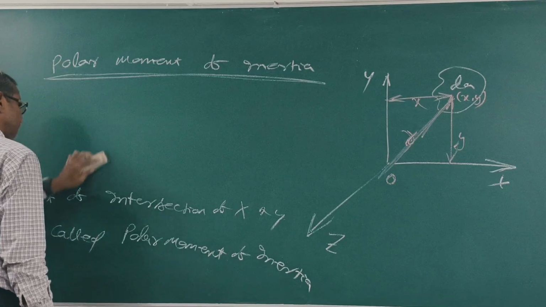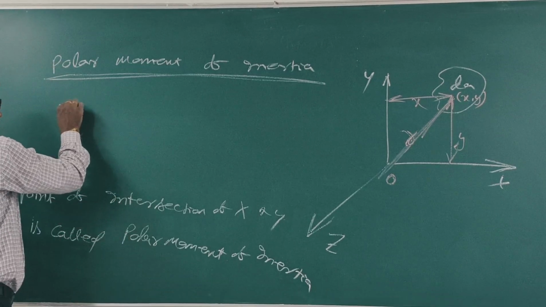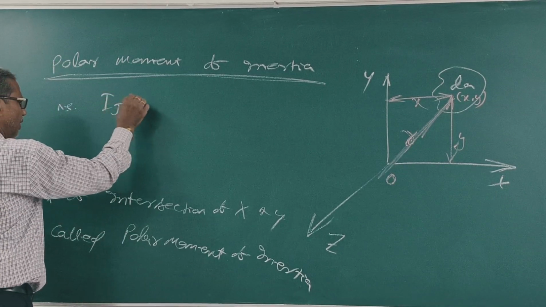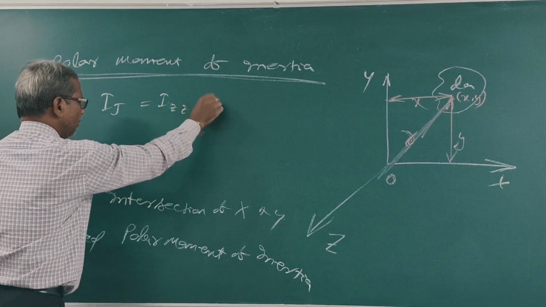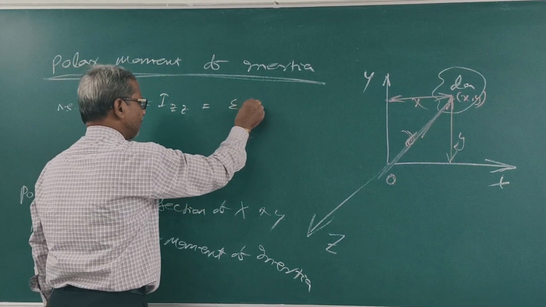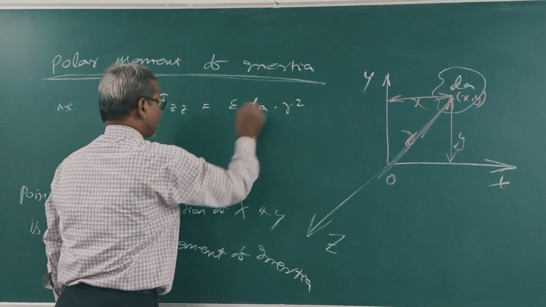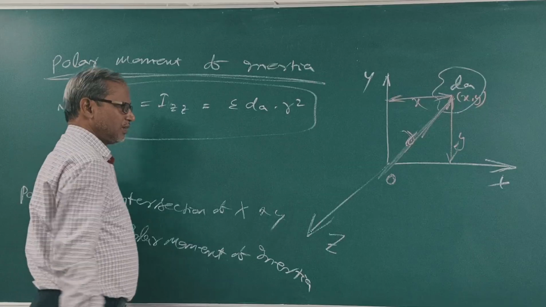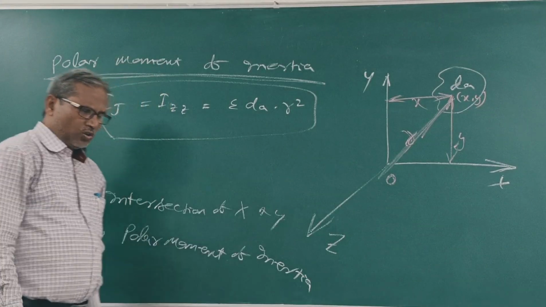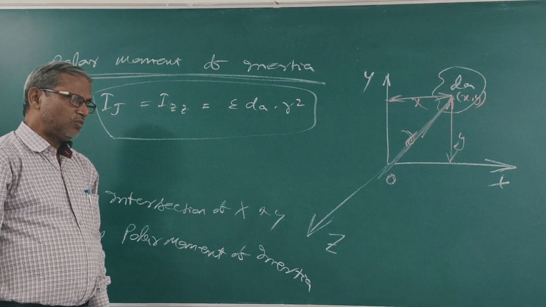That is, Ip or Izz is equal to sigma dA r square. Clear? Now, what are the theorems of moment of inertia?